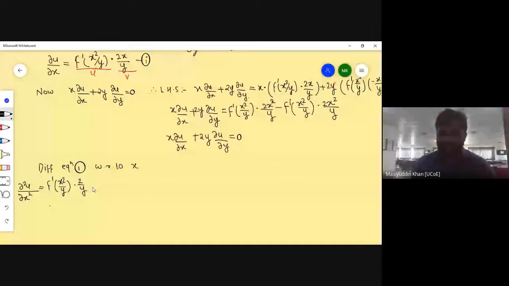So f dash becomes f double dash of x square by y, and into derivative of this part with respect to x, you will get 2x by y. So hope this thing is clear to everyone. What we did: differentiating equation number 1 with respect to x. First into derivative of second with respect to x, so you get this part, plus second into derivative of first. So the derivative of f dash will be f double dash here, and you will get this part as it is.